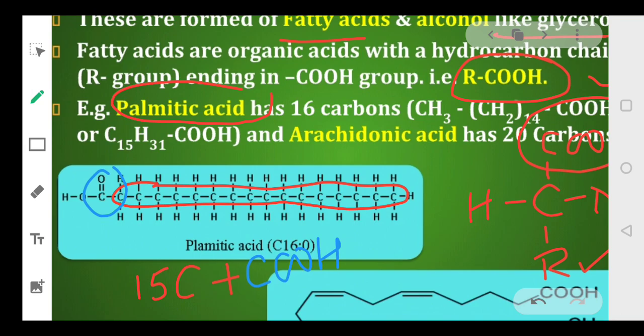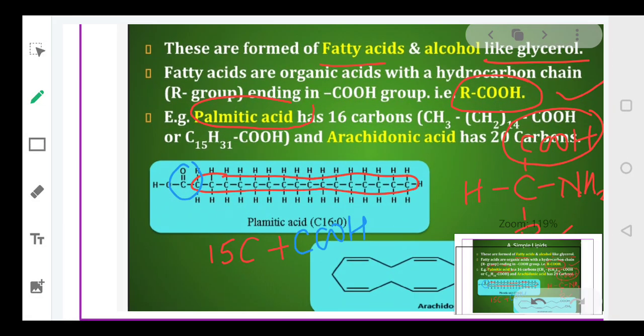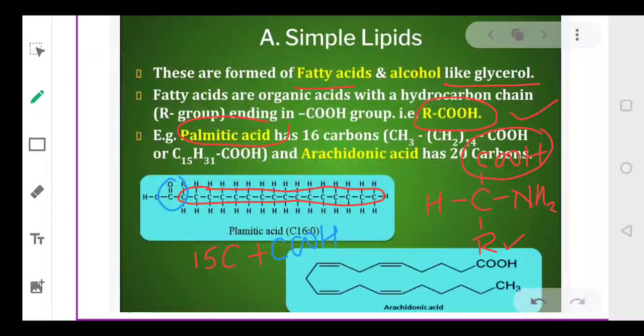So 16 carbons include the carboxyl group carbon. The second example is arachidonic acid. It has 20 carbons: 19 carbon atoms are present, plus one carboxyl carbon. So 20 carbon atoms include the carboxyl carbon also.